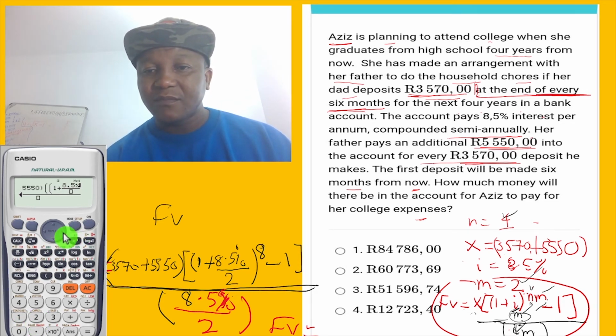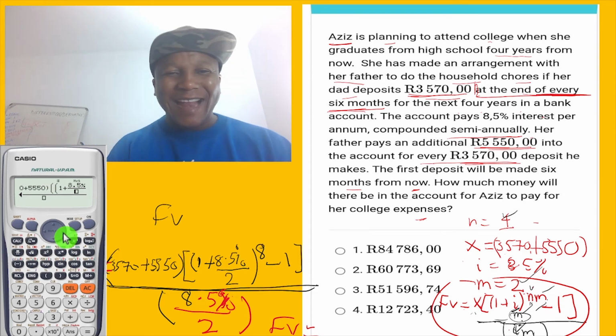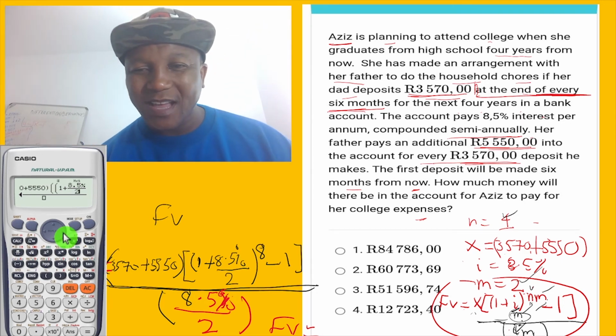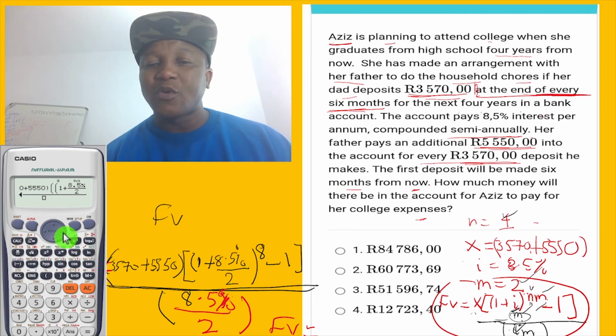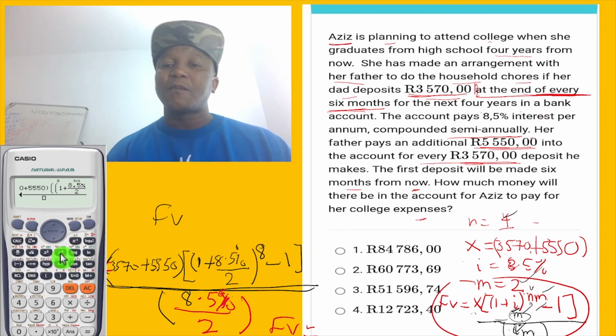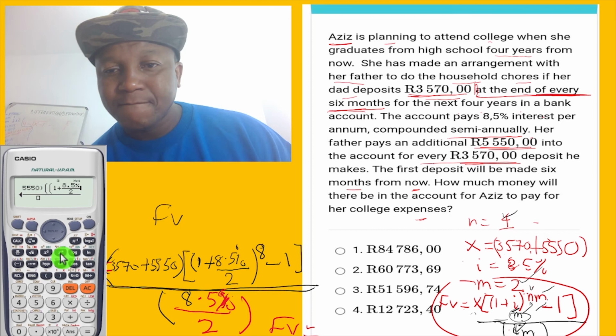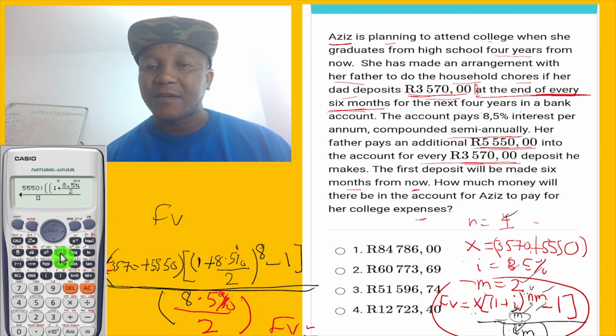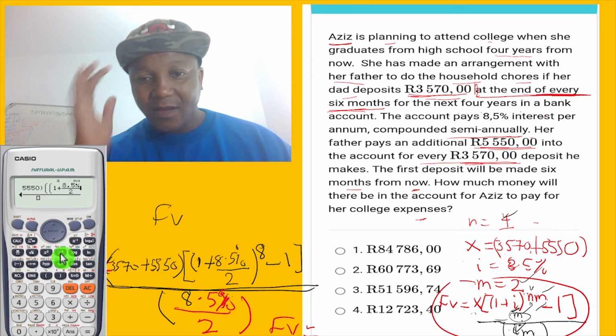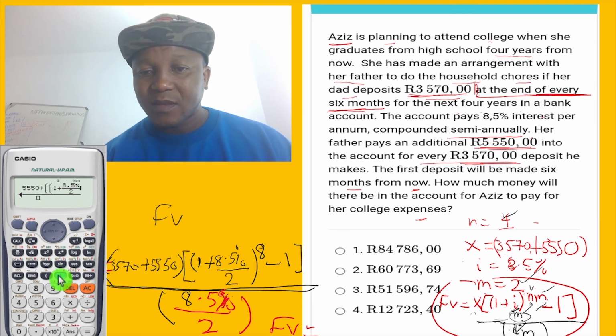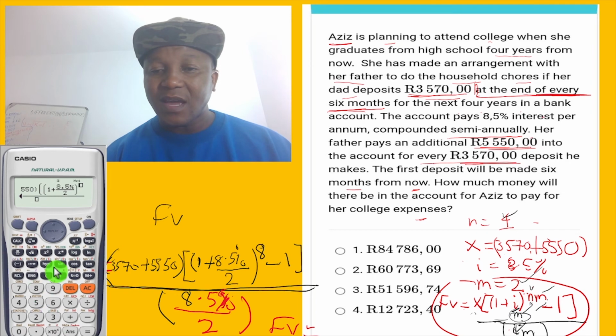It's kind of slow right now. Okay, let's count 4, 2, and then we close the bracket, and then we close the bracket. Okay, close the bracket, and then we go power and then 8.